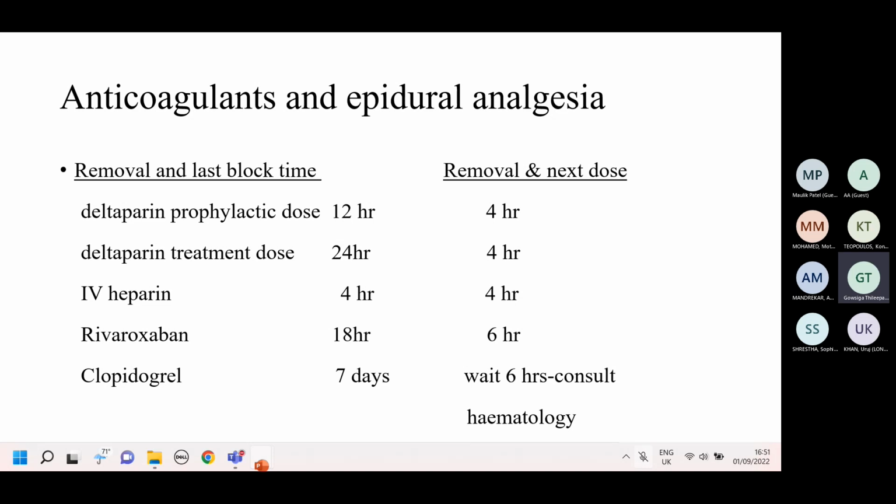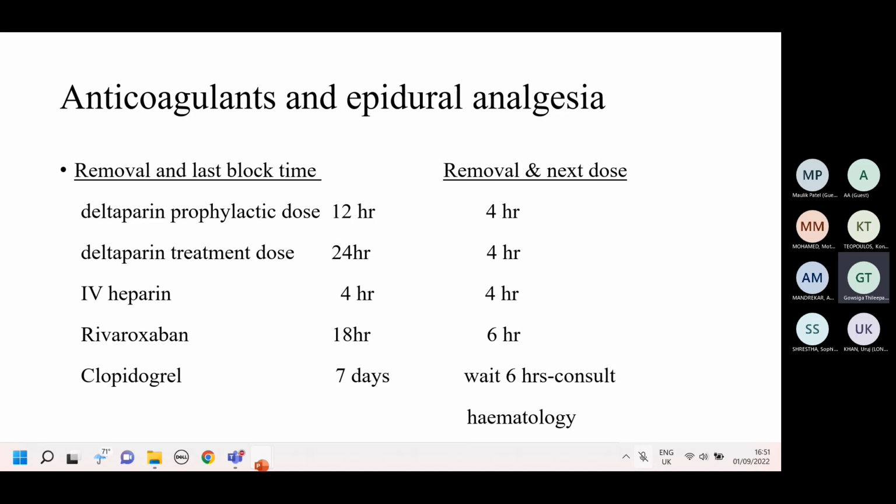Remember that for patients with an epidural catheter, you prescribe anticoagulants carefully. For a prophylactic dose, removal of the epidural should be done 12 hours after the dose, and the next dose should be given after 4 hours. For a treatment dose of low molecular weight heparin, you should wait 24 hours to remove the catheter, and the next dose should be given after 4 hours.